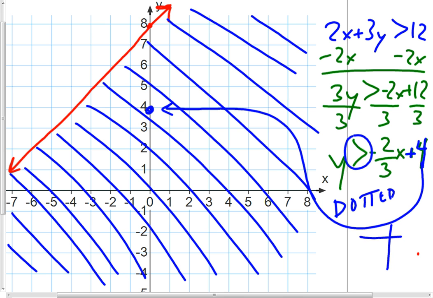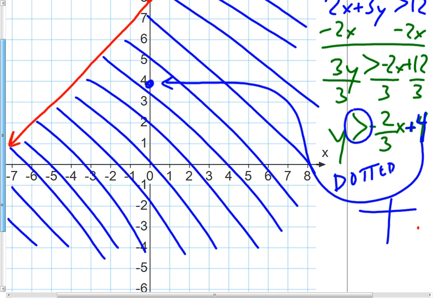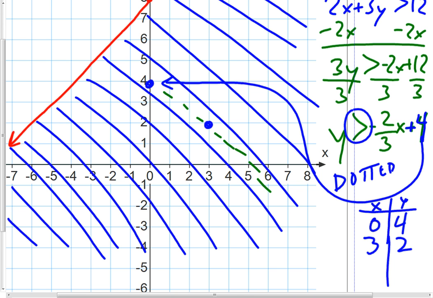If I make my x-y table, let's see. 0, 4, 3, 2. No. Make sure that that line is dotted.